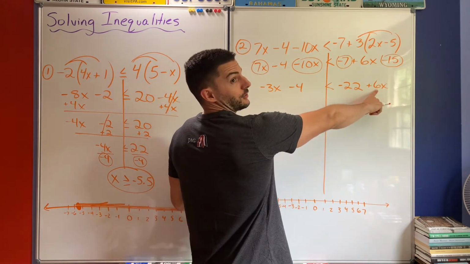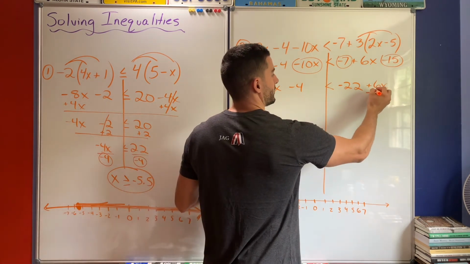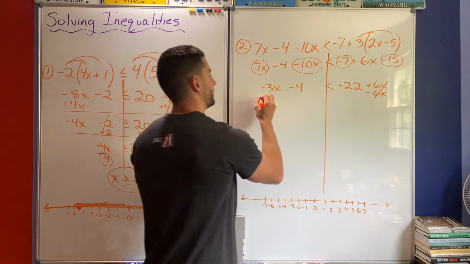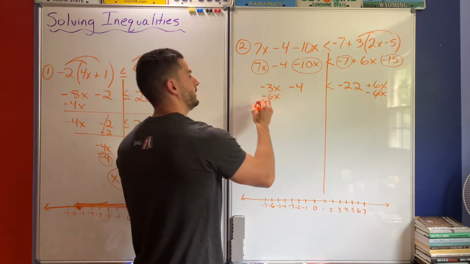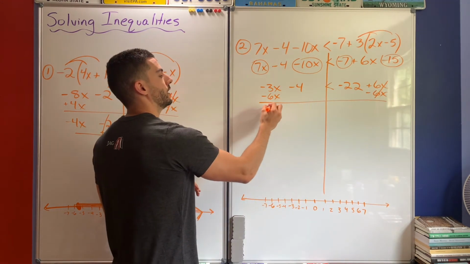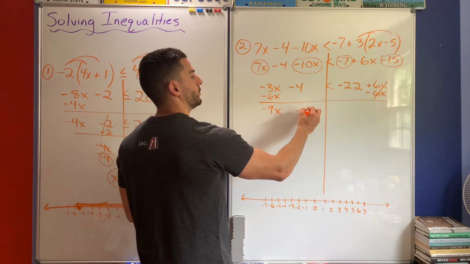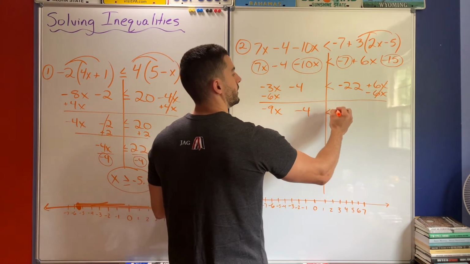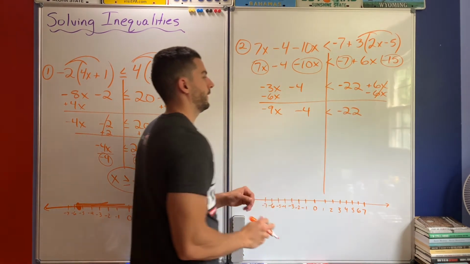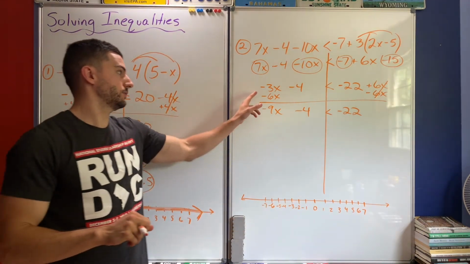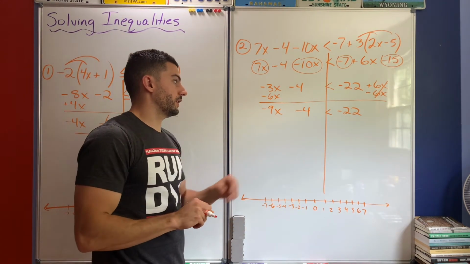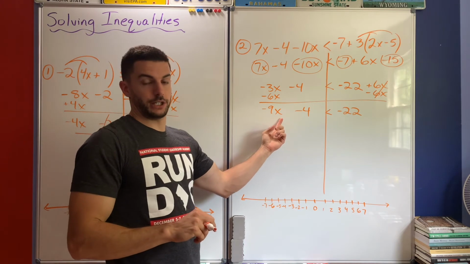So I have a variable term here on the right, but I'm going to minus 6x to both sides. And I get negative 9x minus 4 is less than negative 22. Okay, combine these two. And then again, I only have 1x now, and that's what I'm trying to get by itself.